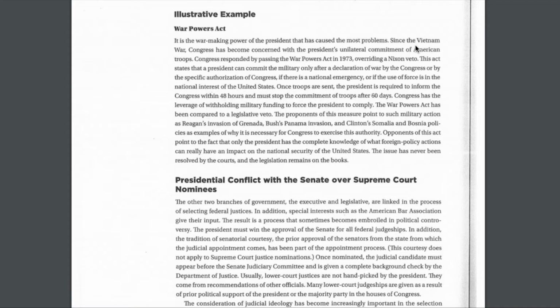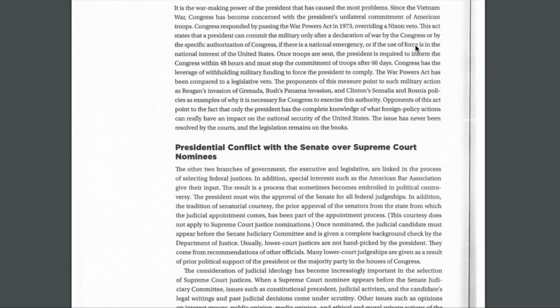However, if they do commit the military, it usually should be after a declaration of war by Congress, or if he or she does send troops in, the president must inform Congress within 48 hours and must stop if Congress does not want this to go on within 60 days. One of the things Congress has over the president is that they control the funds to the military as well.